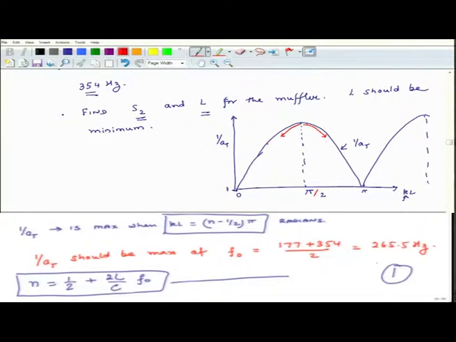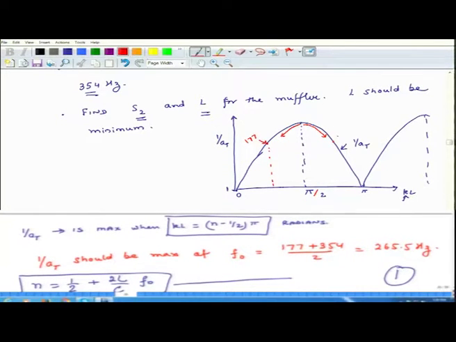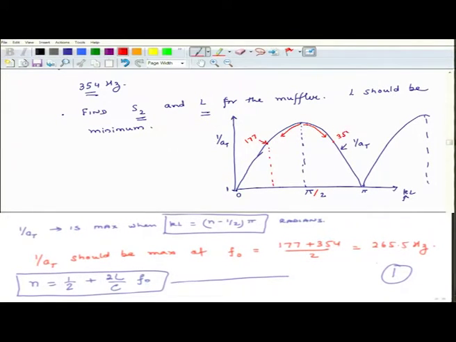And as I move away, this point could correspond to 177 and this point could correspond to 354 hertz, and the peak point should correspond to the midpoint, which is 265.5 hertz. And now let us look at this chart again.